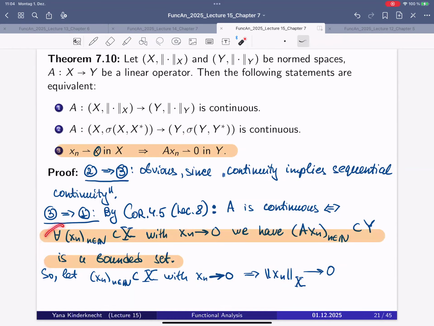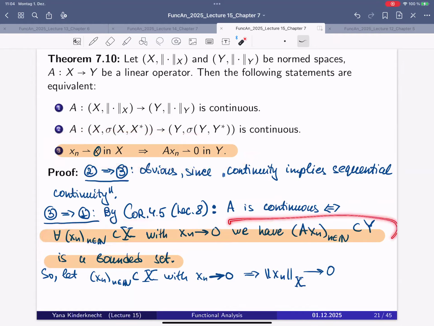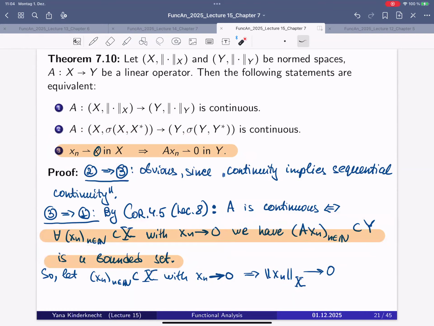So let us consider such a sequence, and let us prove, having this, that we have this statement. So we assume that we have a sequence which converges to 0. This part is given, and now we want to show this statement, having this.